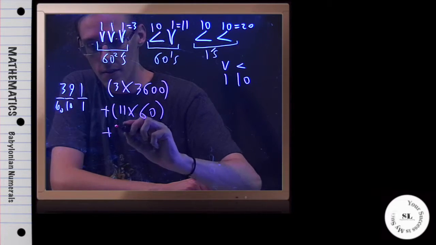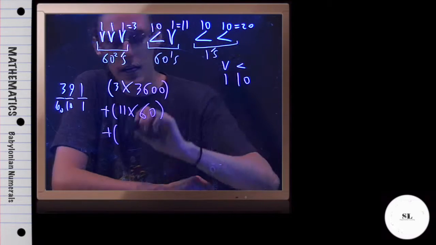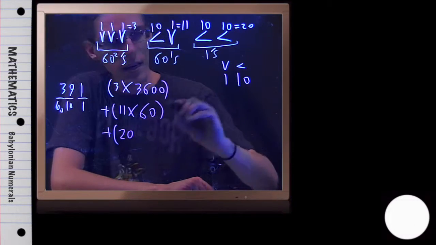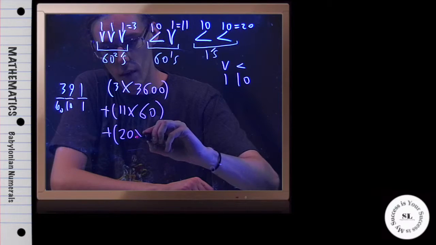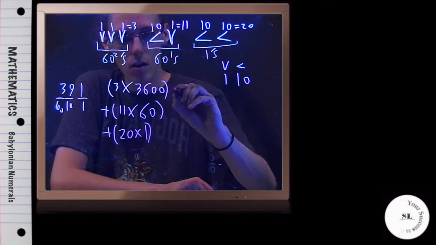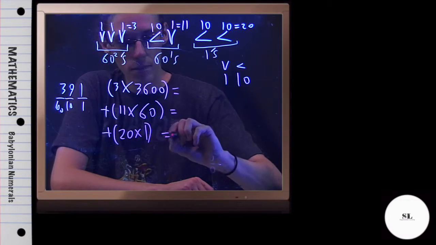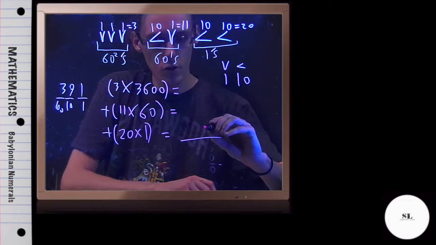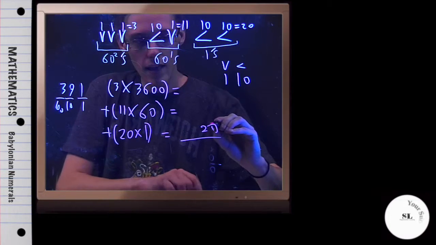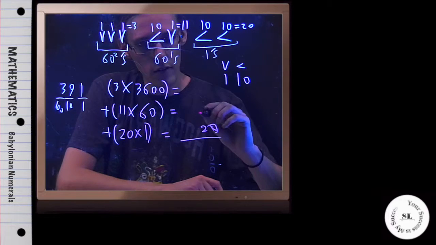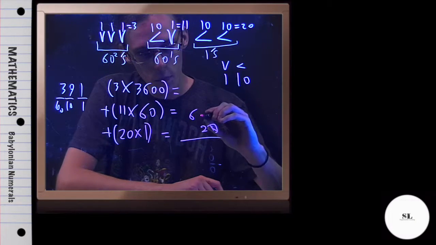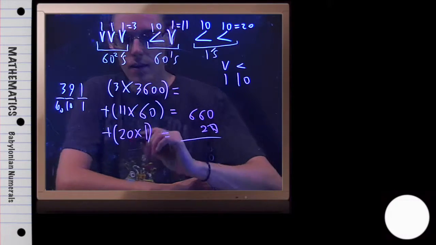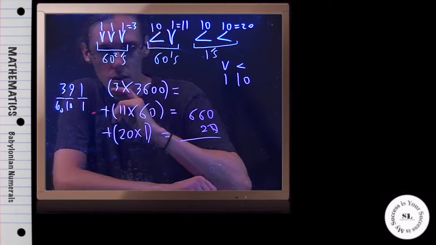And then plus 10 plus 10 is 20, so I've got 20 in the ones place, so 20 times 1. All right, let's figure out what these are. So 20 times 1 is just 20. 11 times 60 is going to give me 660. And then 3 times 3,600.